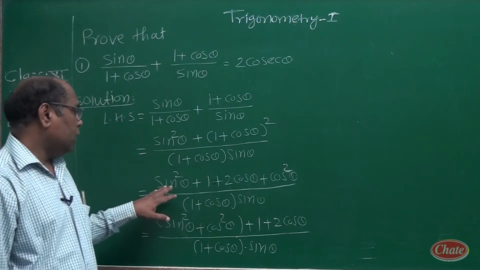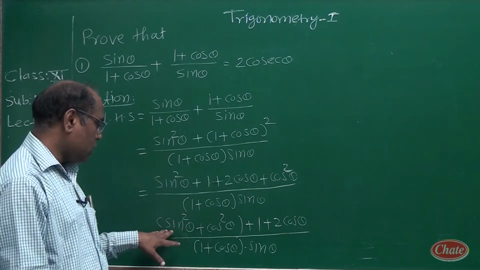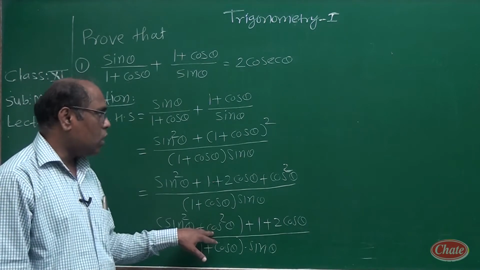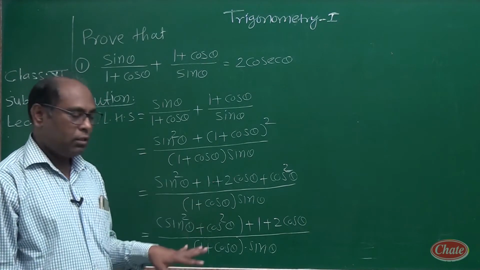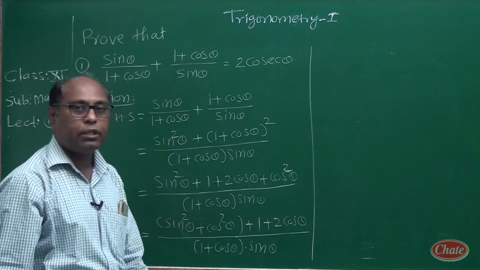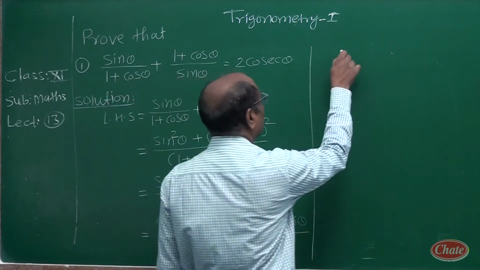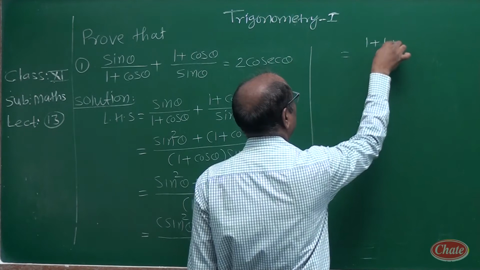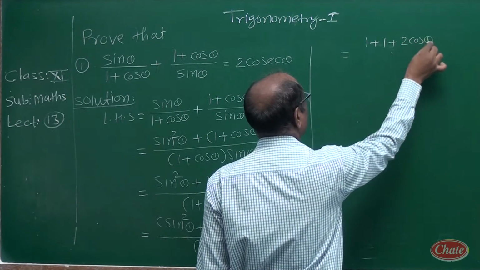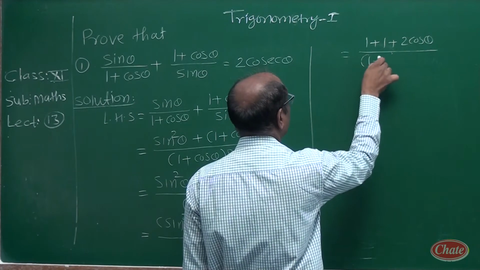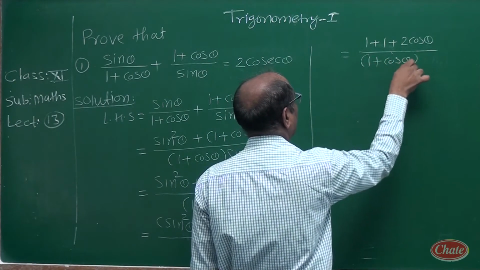We are taking sin square theta and cos square theta together here. Now sin square theta plus cos square theta is the identity. What is the value of sin square theta plus cos square theta? It is 1. So that is equal to 1 plus 1 plus 2 cos theta divided by 1 plus cos theta into sin theta.